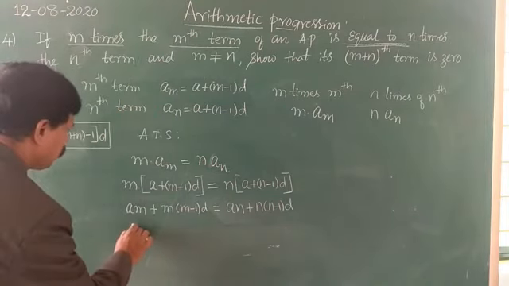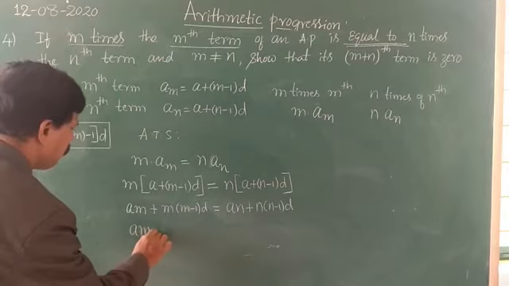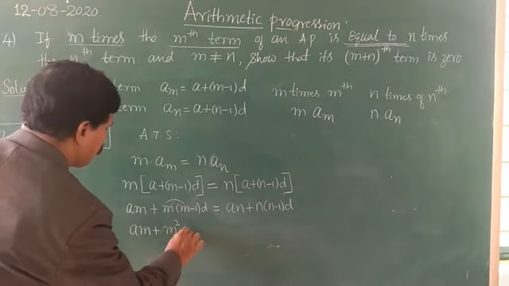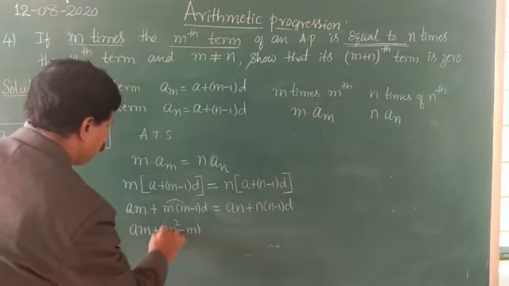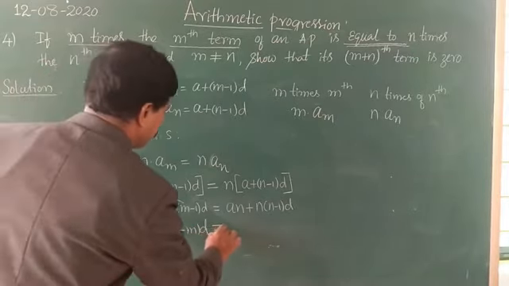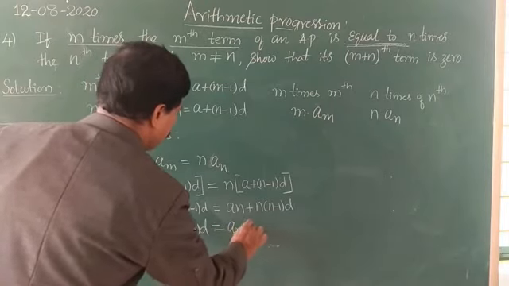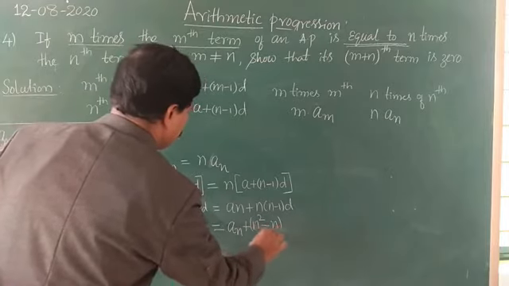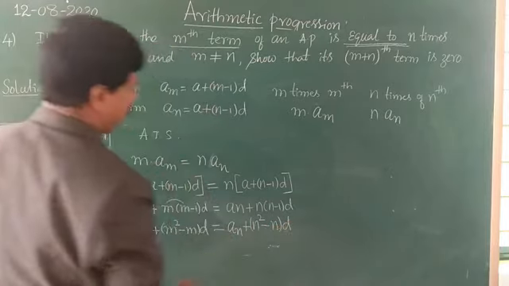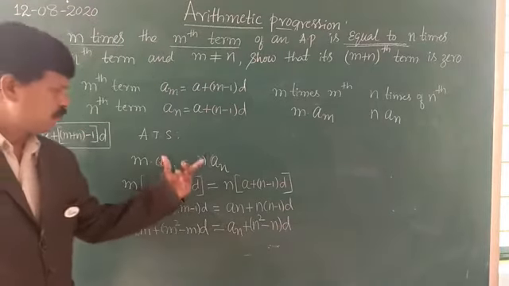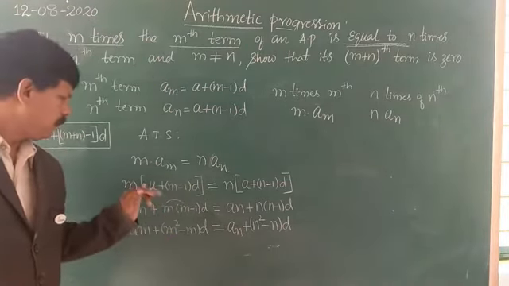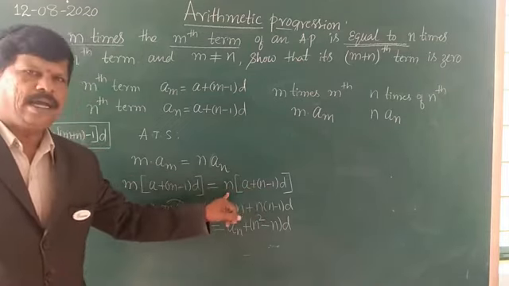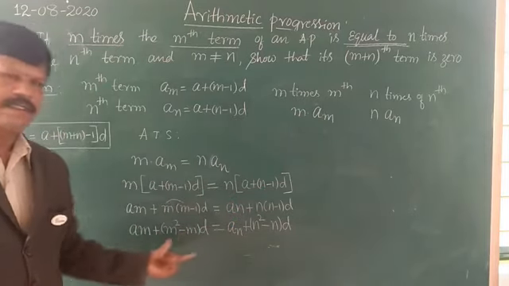Now take it like this: am plus m square minus m of d is equal to an plus n square minus n of d. Understood? I multiply the first two terms by m, and here the two terms by n. So when you multiply, you will get like this.